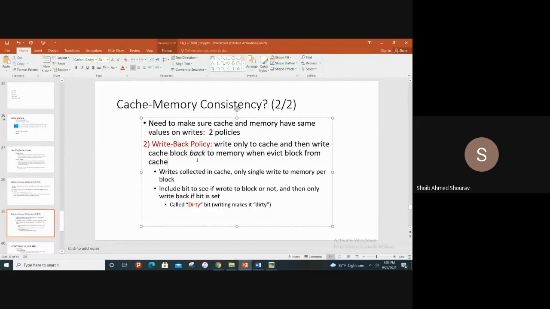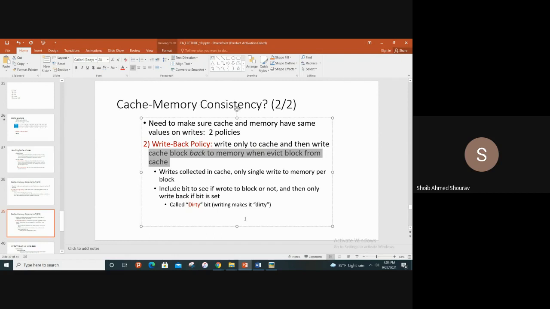Write-back policy is we are going to write to the cache, and write the cache block back to memory when the block is evicted from the cache. For example, I have 8 blocks in the cache.